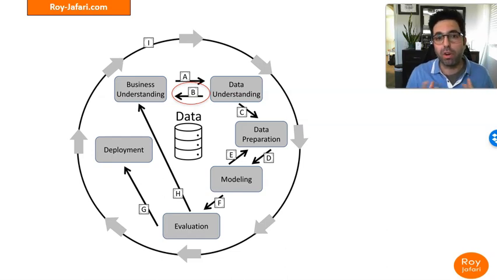So we develop this appreciation that we need a balance between false negatives and false positives. This data understanding helps us understand that better, so we can switch back to business understanding, develop that, and then it will allow us to be even better at data understanding. Maybe we can now think about more possible data sources that can help with this, right?